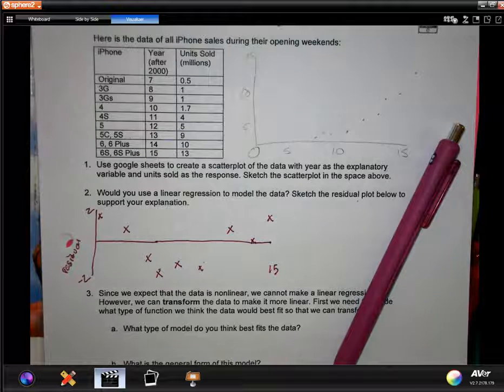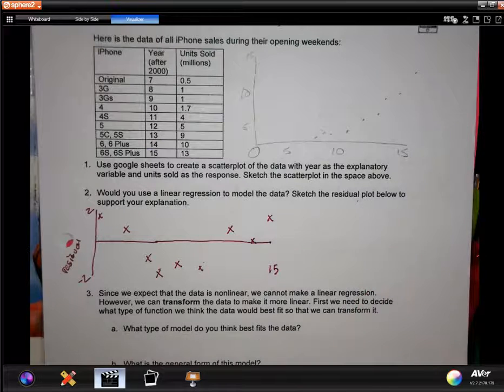All right. So first of all, is our scatter plot even linear? No, it's not.